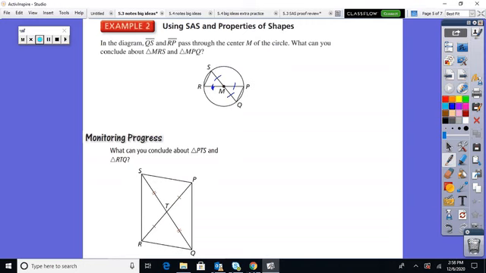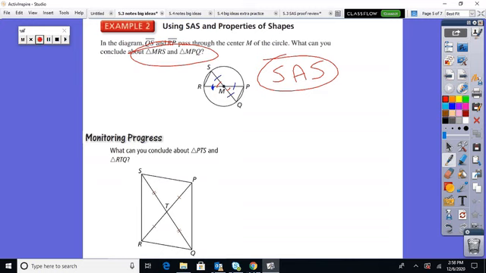So MR, MS, MP, MQ are all congruent. And then, of course, you guys are getting really good with the vertical angles. So through vertical angles and the definition of radius, you know that the two triangles are congruent by SAS as well.